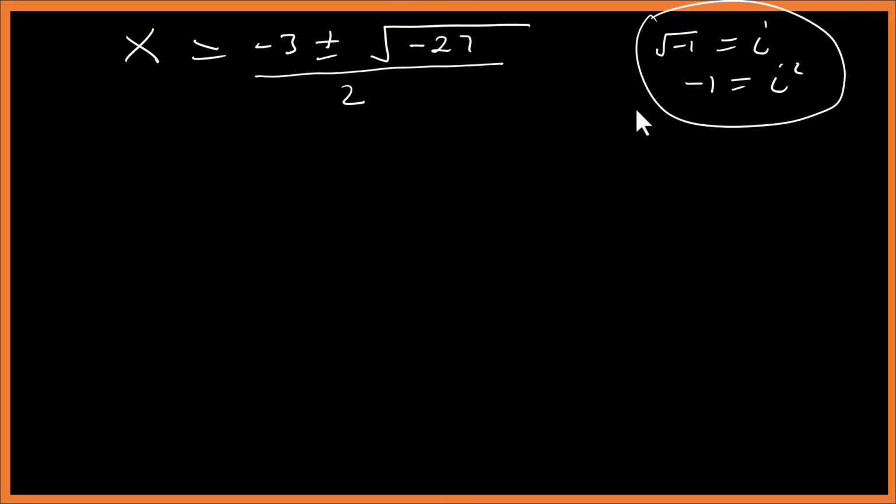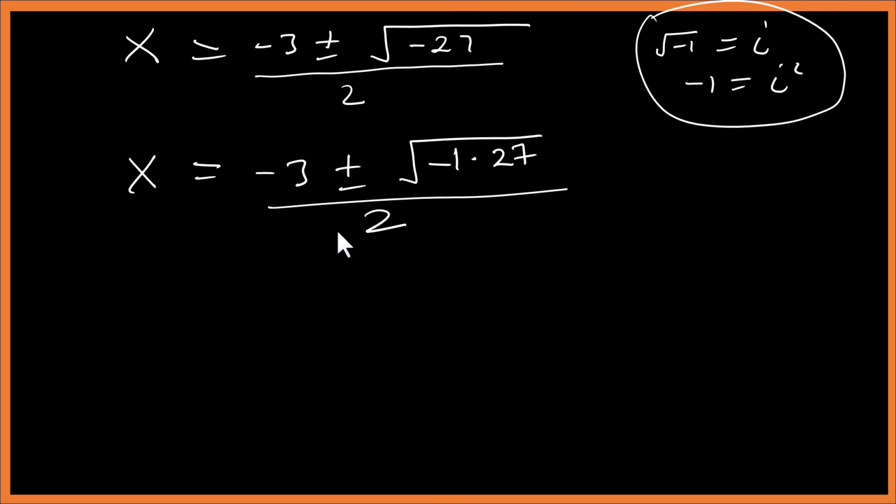Now from here, you can write this as minus 3 plus or minus the square root of negative 1 times 27, on 2.